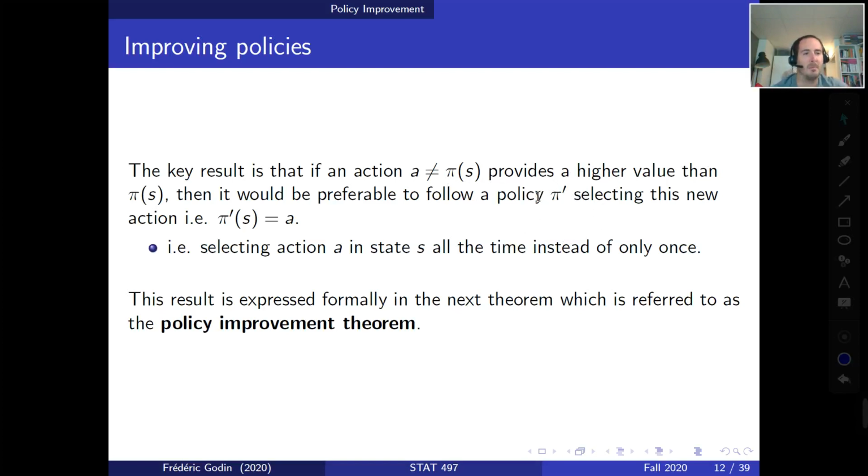So it might be better to follow policy pi prime, where pi prime of S is that new action A which has a higher value than pi(S).